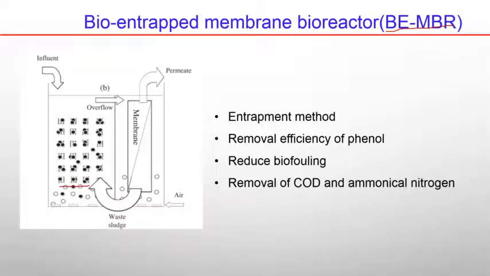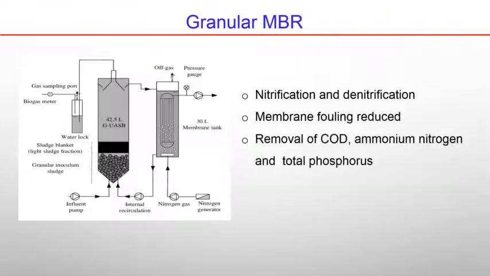PEMBR has the best performance in terms of both removal efficiency of phenol and membrane biofouling, which is 4 times slower than the conventional MBR. It also shows better performance in removal of COD and ammonium nitrogen, with longer HRT and continuous aeration.